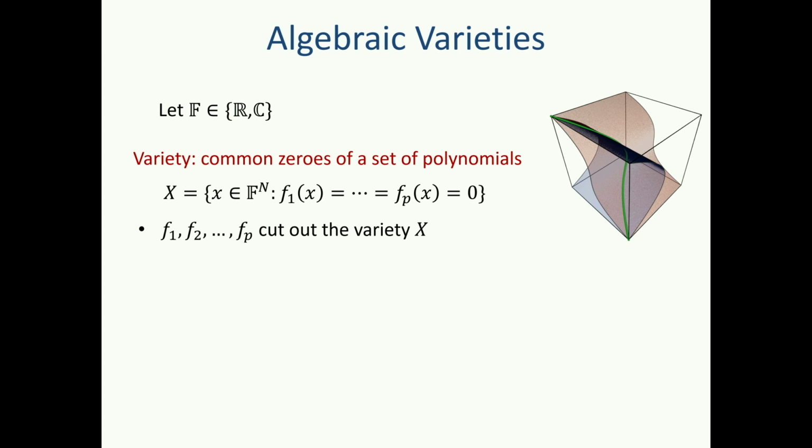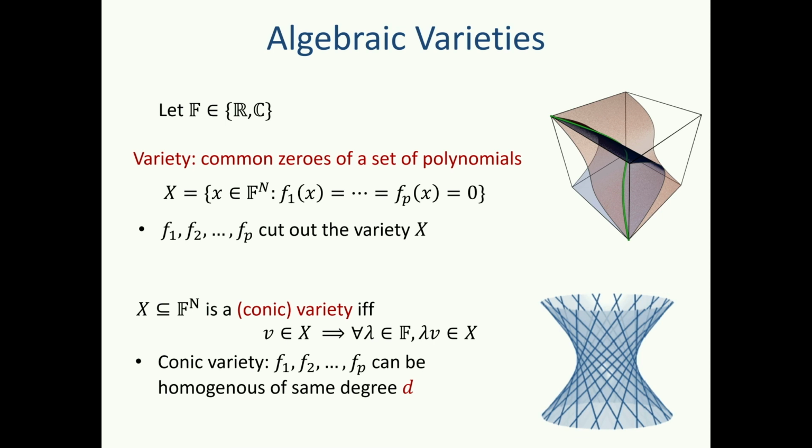Okay, good. And specifically, we'll be looking at special varieties called conic varieties. If you are more familiar with these things, these are the same as projective varieties. But these are just varieties where any scalar multiple of a point is also on the variety. So if you take a rank 1 matrix and scale it, it still remains rank 1. So these are called conic varieties, and this will be the focus of our talk.